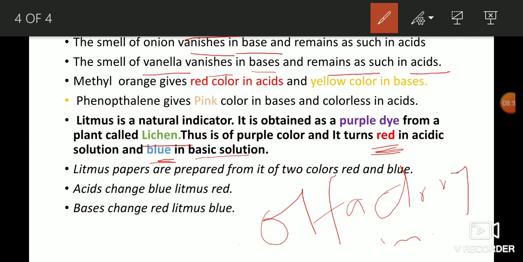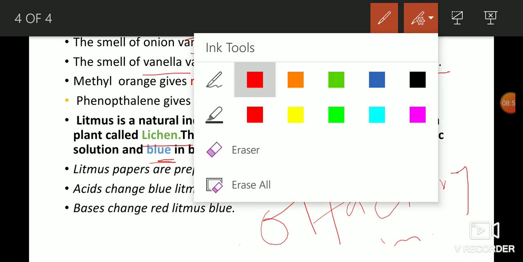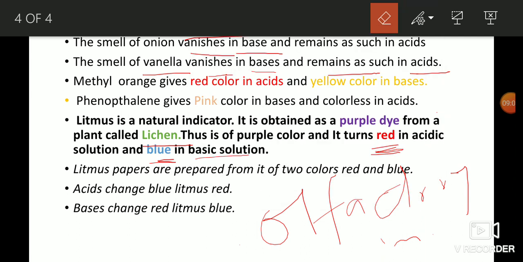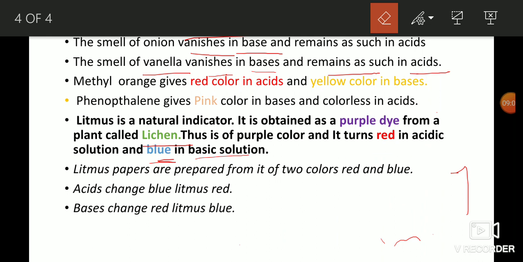This litmus is used to prepare two types of colored papers, blue litmus paper and red litmus paper.